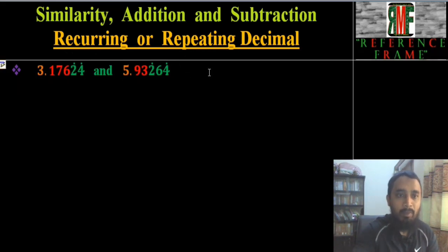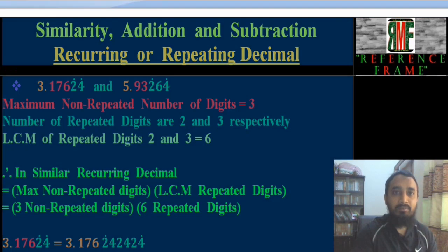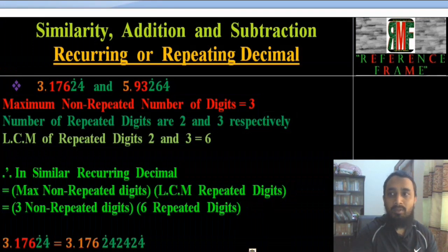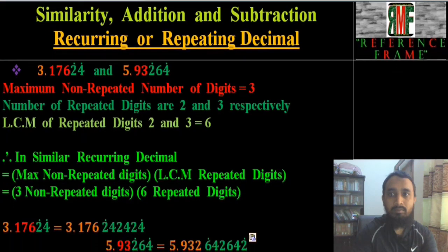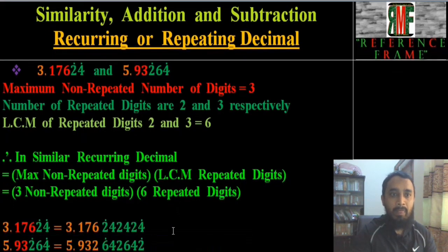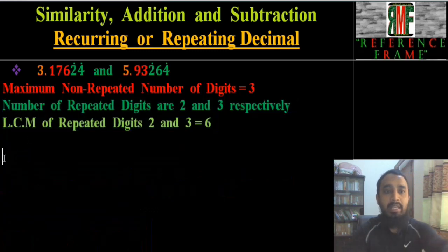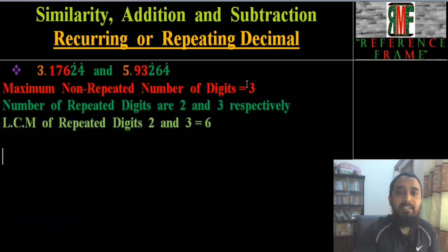We can write it down. As we mentioned, the maximum number of non-repeated digits among these two is 3. The number of repeated digits in the first decimal is 2, and in the second it is 3.